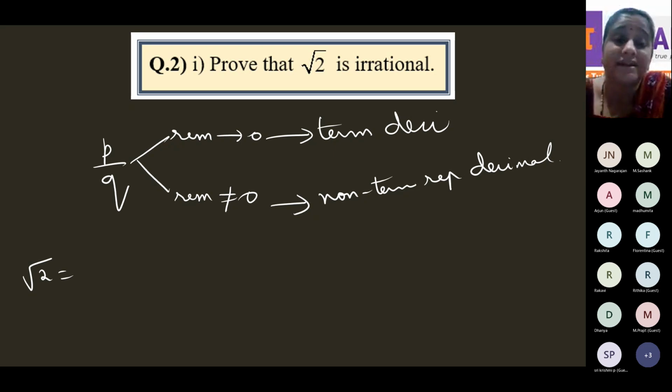So from where do we get terminating decimals? By dividing p by q. From where do we get non-terminating repeating decimals? Again, by dividing p by q. From where do we get non-terminating, non-repeating decimals? Not from p by q. When you divide p by q, you cannot get a non-terminating, non-repeating decimal.